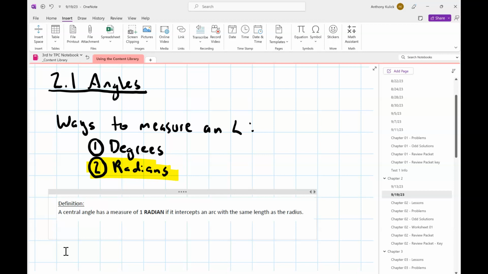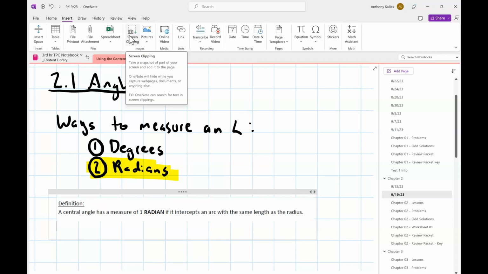Woof, Mr. Kulik, what the heck does that mean? Right? There's a bunch of vocab in there from geometry that we probably don't remember super well. That's okay. Let's walk through what this definition is saying and what these vocabulary words really mean again. Everybody's cool with that plan?